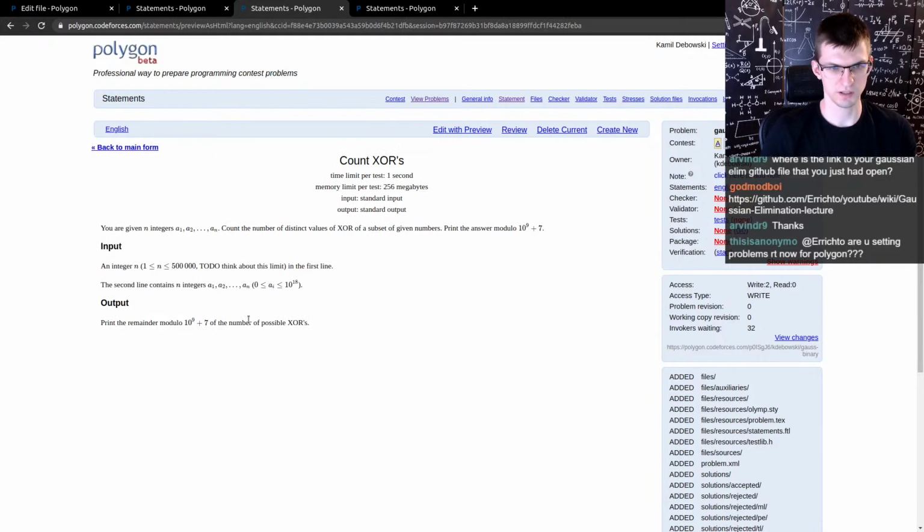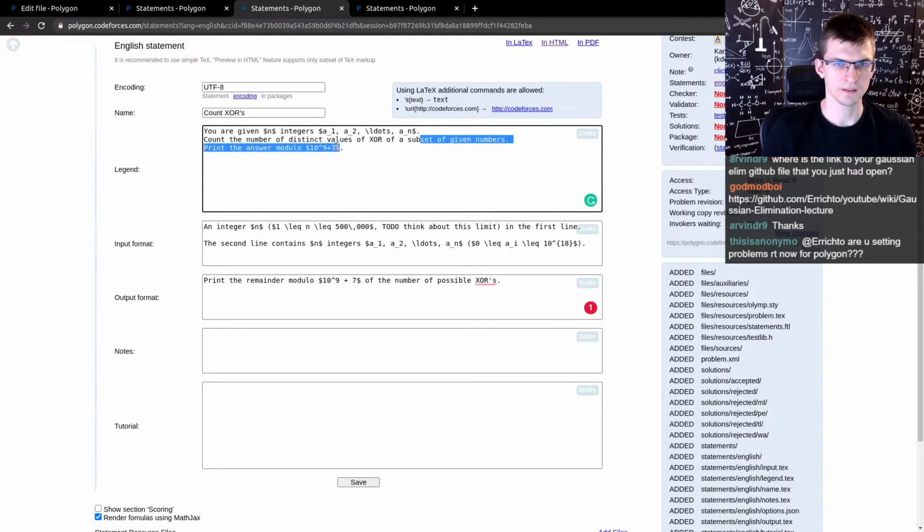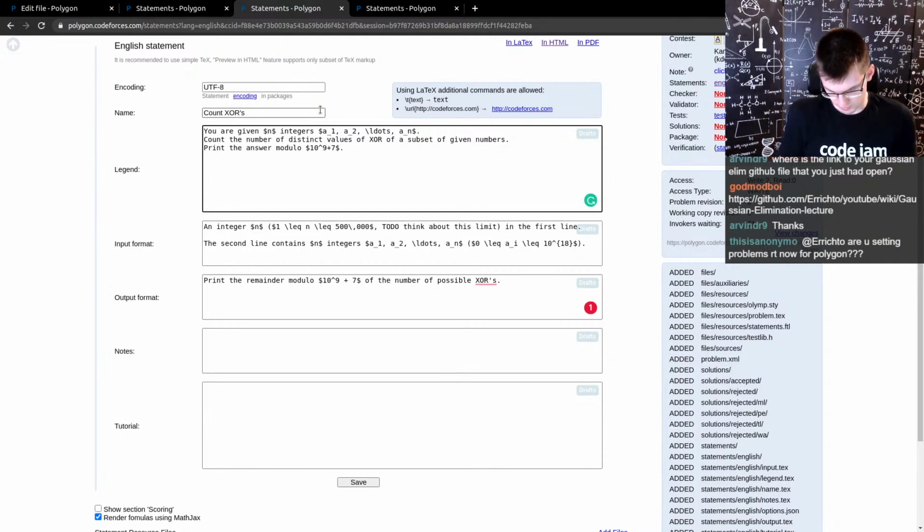Remainder modulo billion seven of the number of possible XORs. Now, do we care about the empty one? That's a good question.